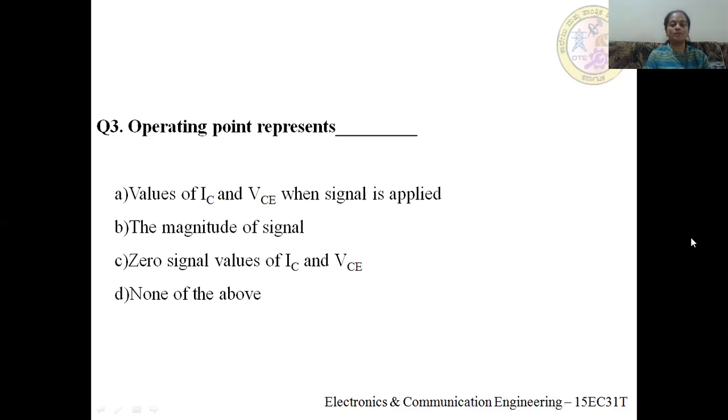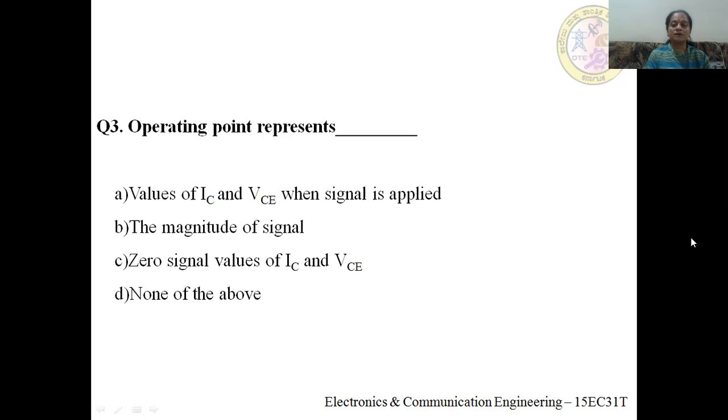Third one, the operating point represents: A, values of IC and VCE when a signal is applied; second, the magnitude of the signal; third, zero signal values of IC and VCE; or none of them. I explained that an amplifier should be operated in active mode.